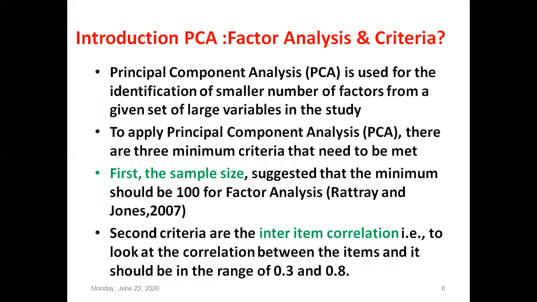Fine. Now, a little introduction on principal component analysis and factor analysis, and what the criteria are. Simply, PCA is used for the identification of a smaller number of factors from a given set of large variables in the study.